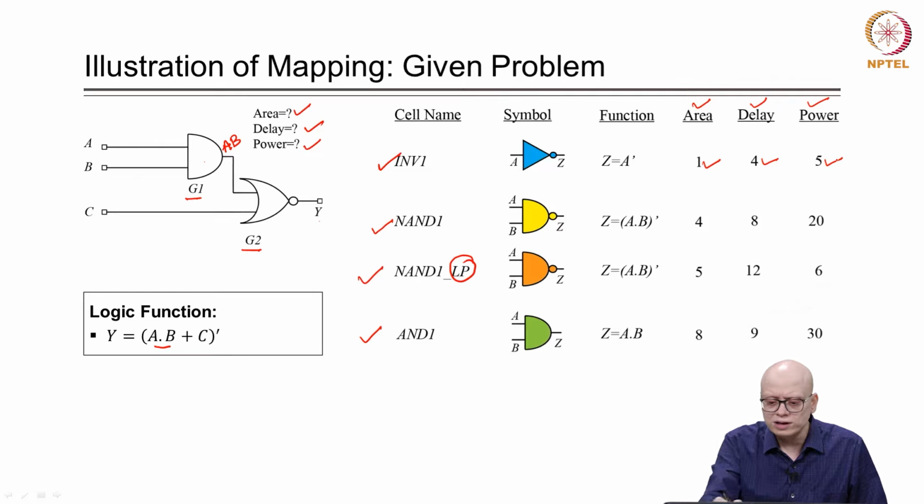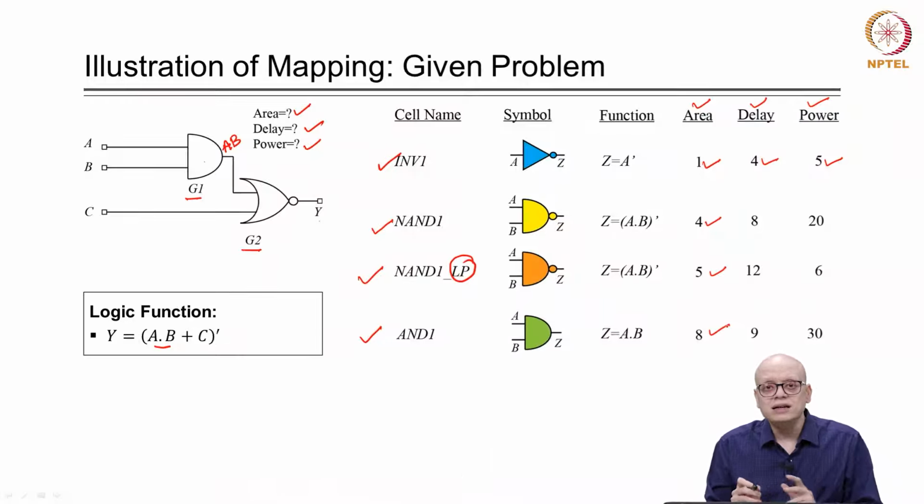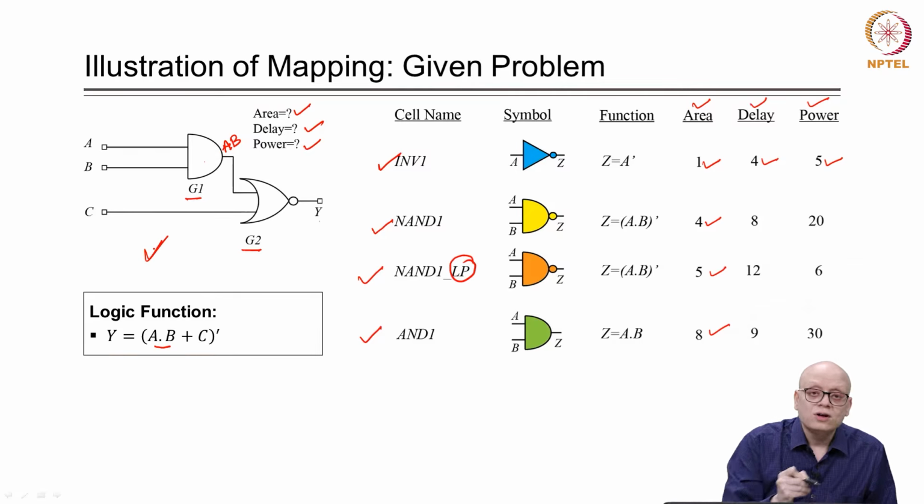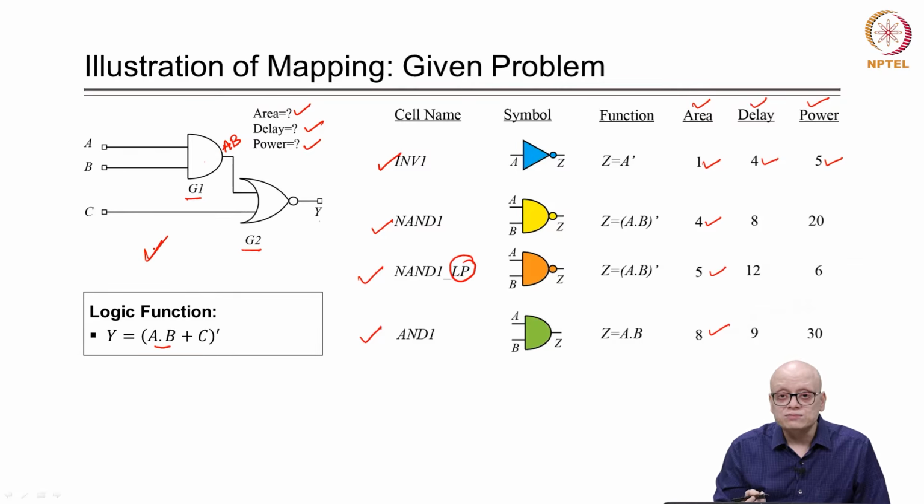And in the same unit, the area for the NAND 1 is 4, for NAND 1 LP is 5, and AND 1 is 8, and so on, right. Let us assume that these PPA numbers for the cells in the library are given to us, right. Now, let us understand how this netlist in terms of generic logic gates will be mapped to the cells in the technology library.